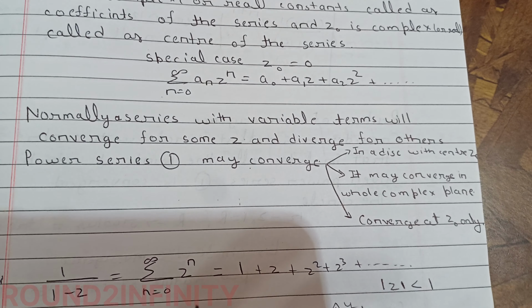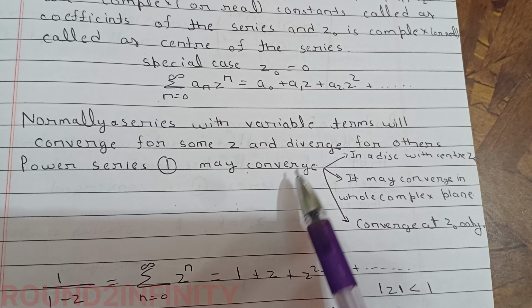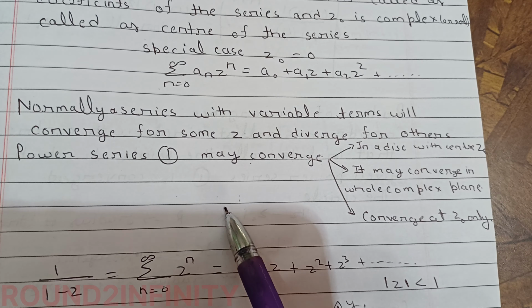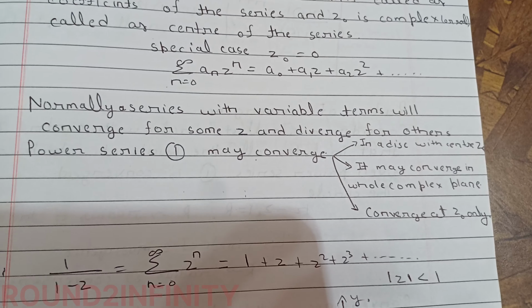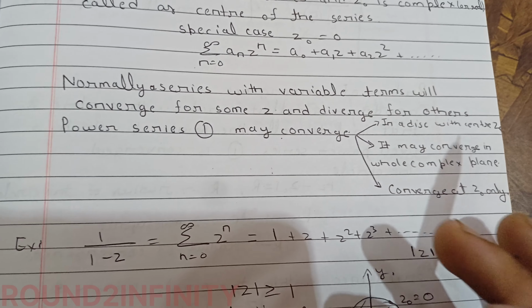That is why we call that region a disk of convergence. It can also converge in the whole complex plane, giving the same value as f(z) everywhere. And it can converge at a single point only, the center, and diverge everywhere else. That is how a power series can converge or diverge.